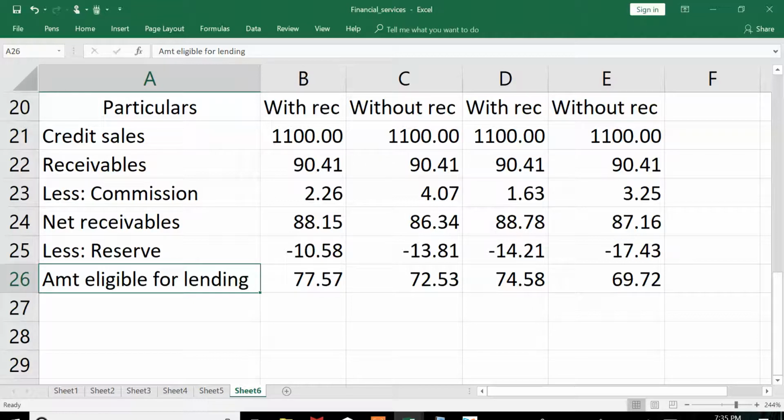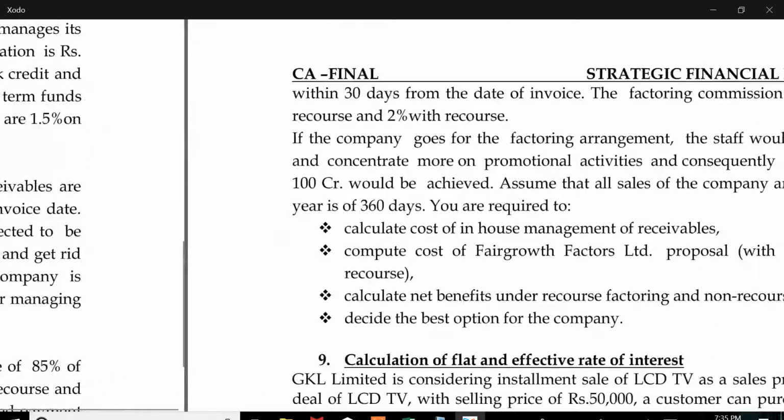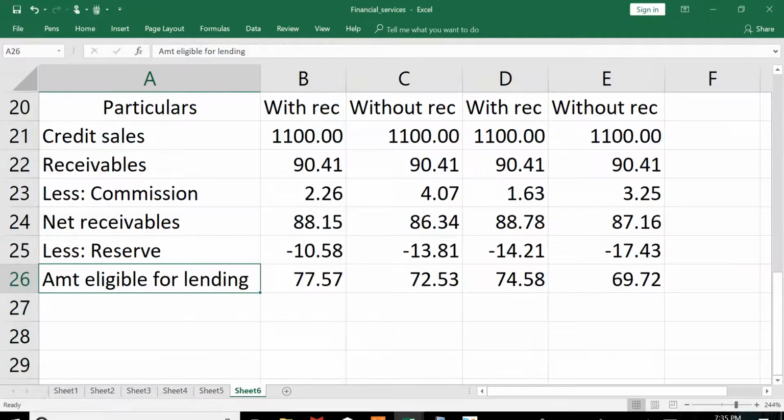Amount eligible for lending: 77.57, 72.53, 74 and 69. Any doubts on this?